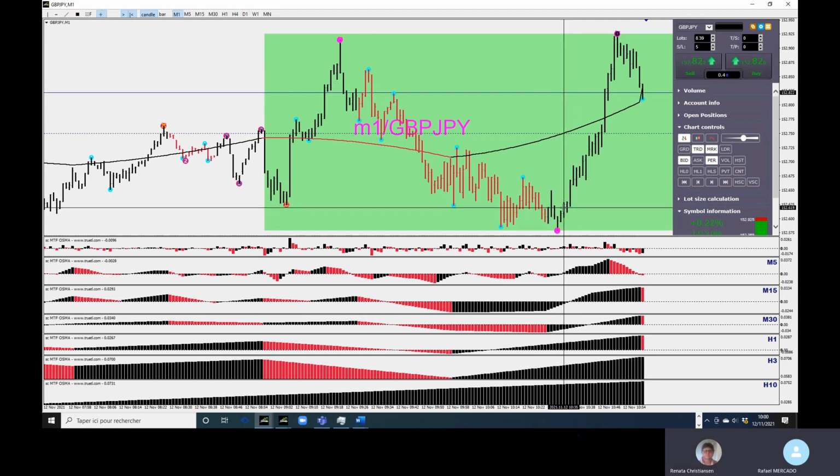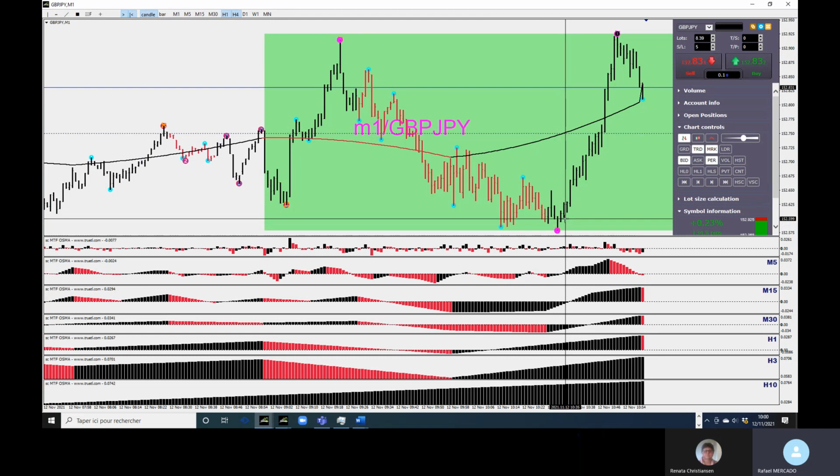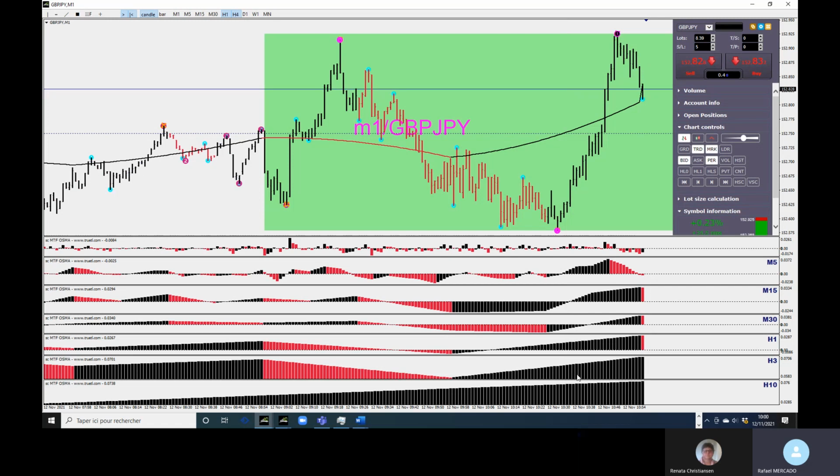So you can take anything after this 15 ball forms, anything sinking in the 1 hour to the upside, or 30 pips. So this is your trade, and you don't have to wait for H3.